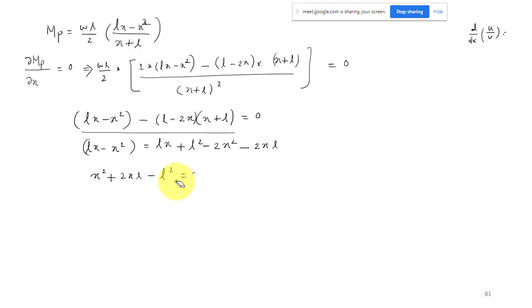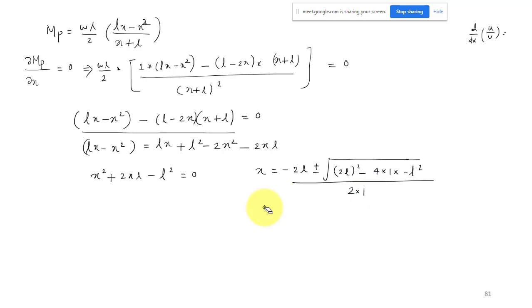So now we can solve for x by finding the root of your quadratic equation. x is equal to minus b plus or minus square root of b square minus 4ac, by 2a. I think you know that equation. Here b is 2L, a is 1, so by 2 times 1.